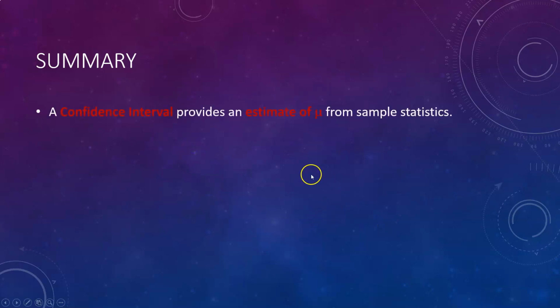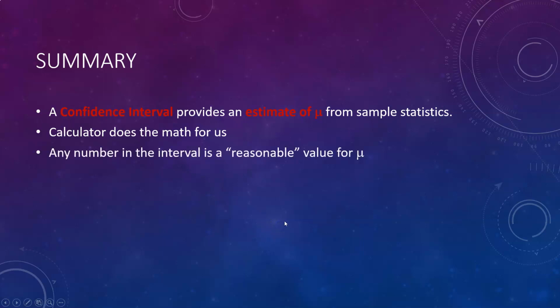A confidence interval provides an estimate for our population mean using the results of a sample. The calculator does the math for us. Any number in the interval is a reasonable value for the mean of the population.